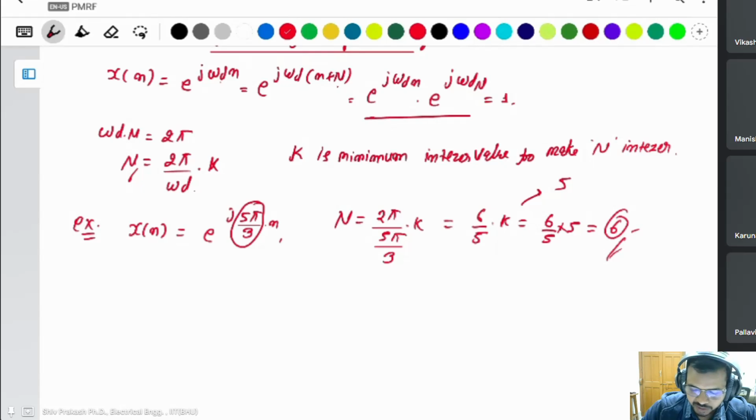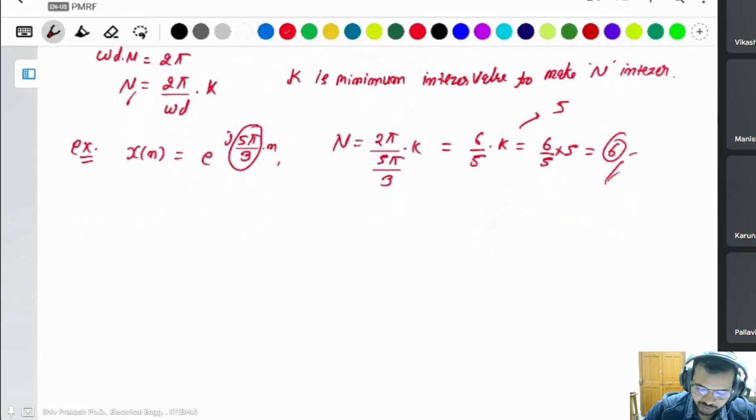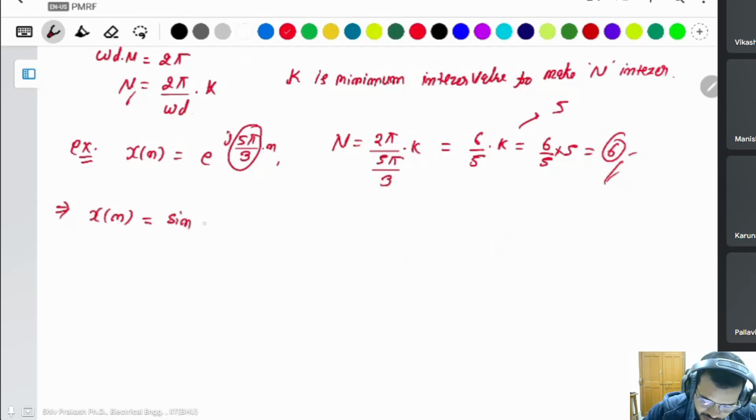Suppose there is a number of signals added to make one signal, like x[n] = sin(3π/..) x1[n] + x2[n] = x3[n], the same thing as in continuous time.